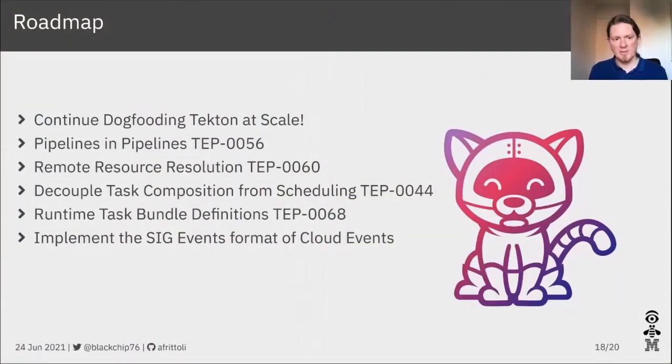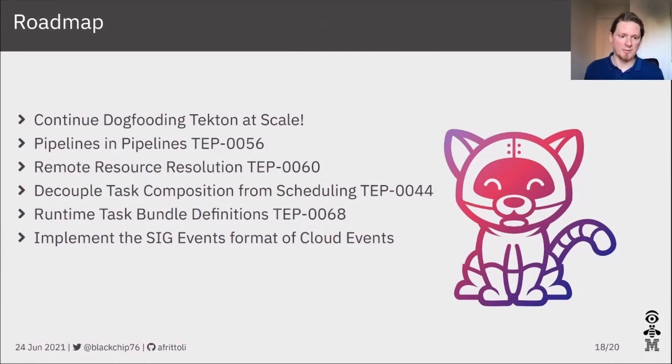So in terms of roadmap, from a scaling point of view, we continue to dogfood Tekton, so to run Tekton at scale to do CI/CD for Tekton itself. And we have a few features that we are working on, like pipelines in pipelines that I mentioned. There is TEP 60, which is for remote resource resolution, where the idea is to extend the concept of OCI bundles and allow tasks to be stored and shared through arbitrary mechanisms.